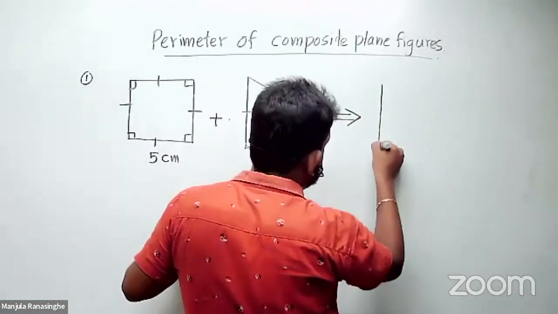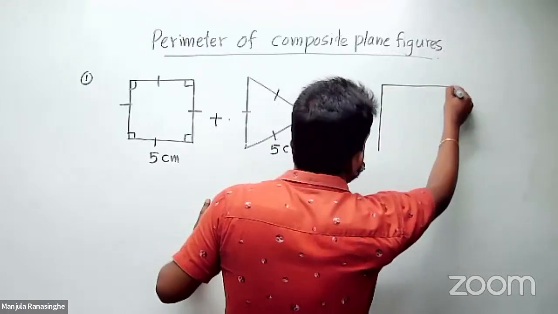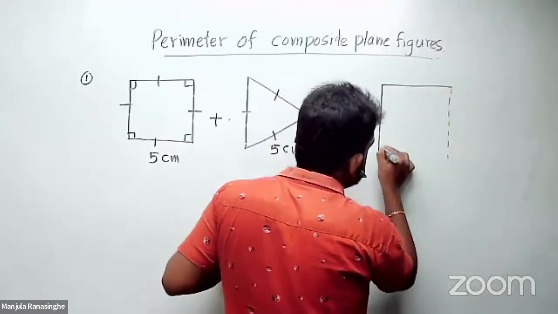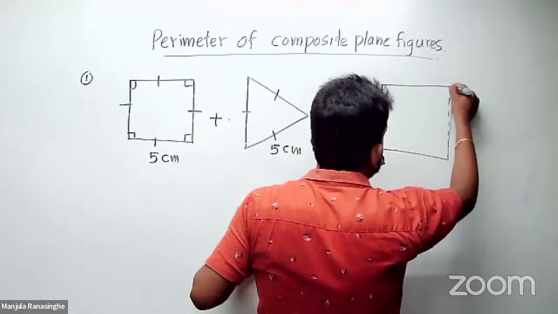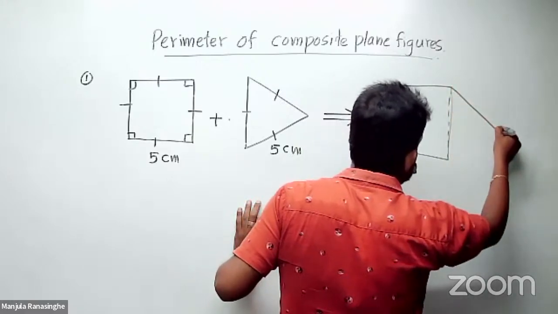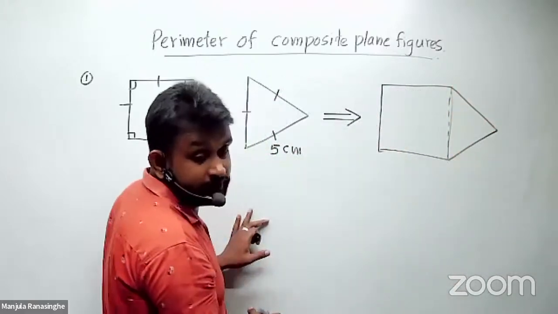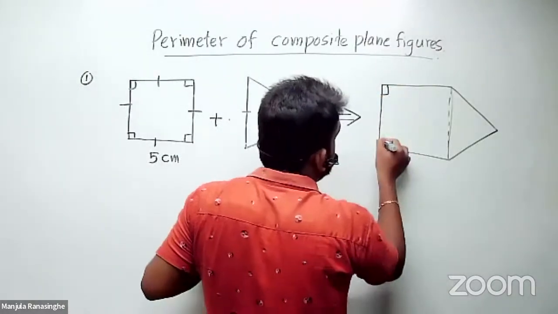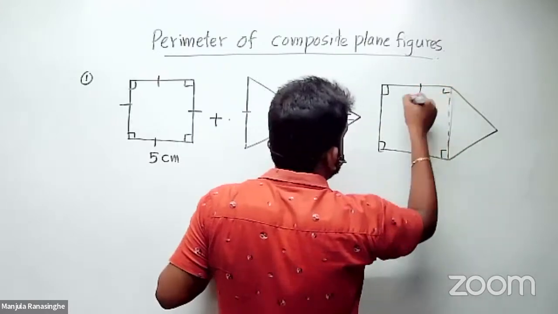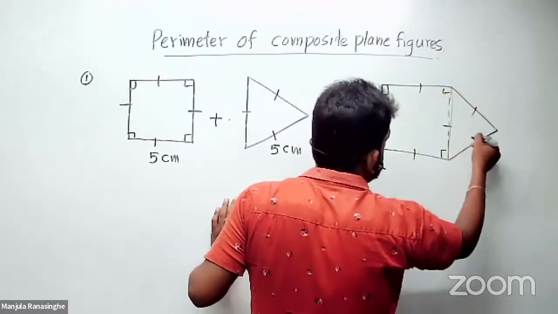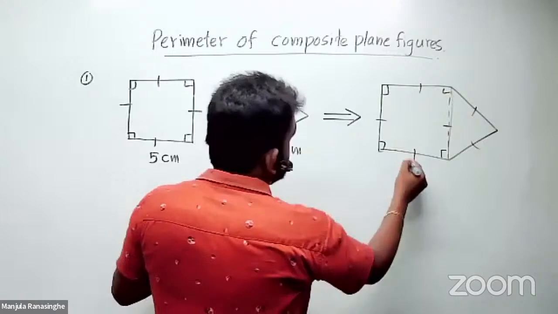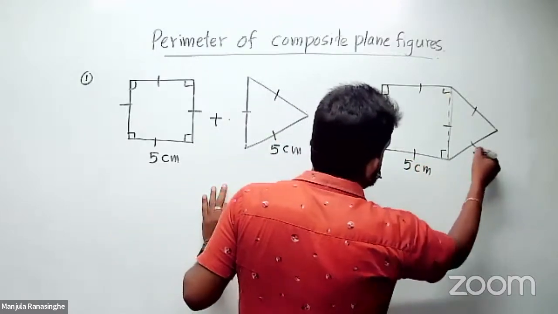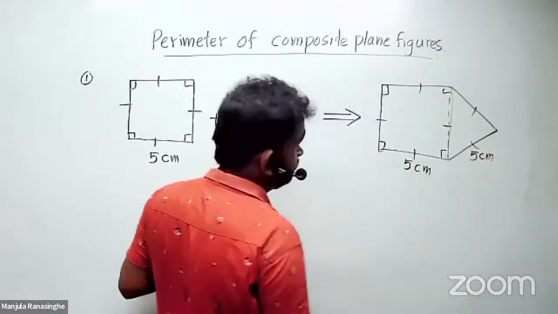Combining these two figures together, the square is combined with the triangle. Here all four sides are equal, and here these three sides are equal, 5 centimeter each.